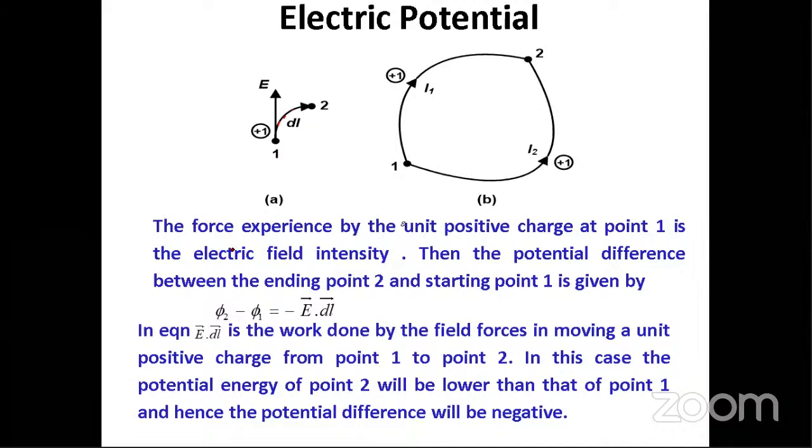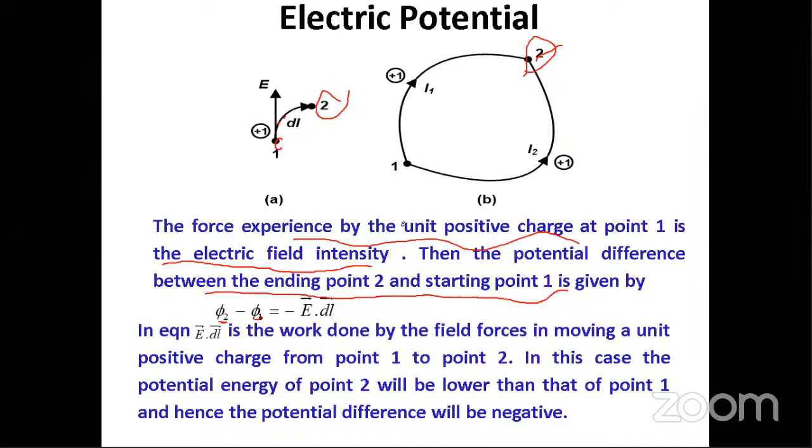And how will it be measured? The force experienced by a unit positive charge at point 1 is the electric field intensity. Then the potential difference between point 2 and the starting point 1 is given by phi 2 minus phi 1, where phi 2 is the potential of point 2, and the potential at point 1 is denoted by phi 1.